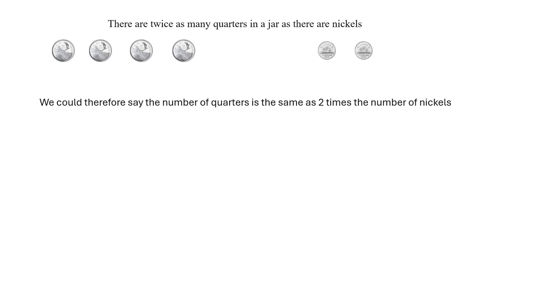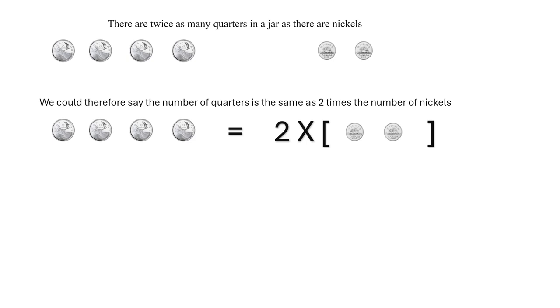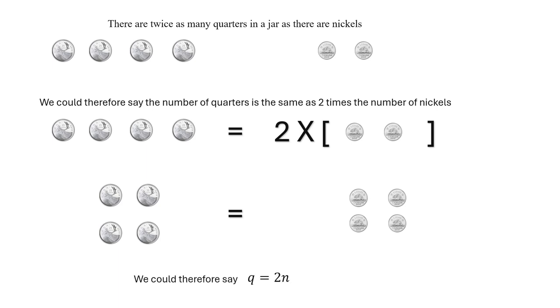So in order to get the number of nickels equal to the number of quarters, we would have to multiply the number of nickels times 2. So we've got our 4 quarters equaling 2 times 2 nickels, which is also 4. We could model this with the equation Q equals 2N. The number of quarters equals 2 times the number of nickels.